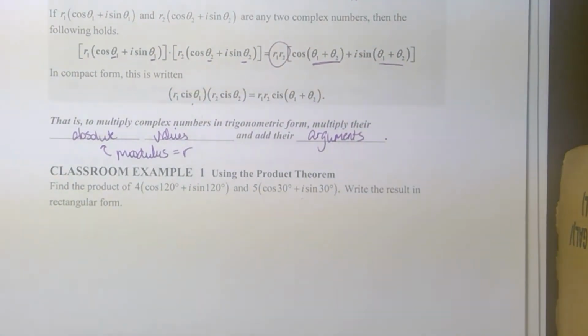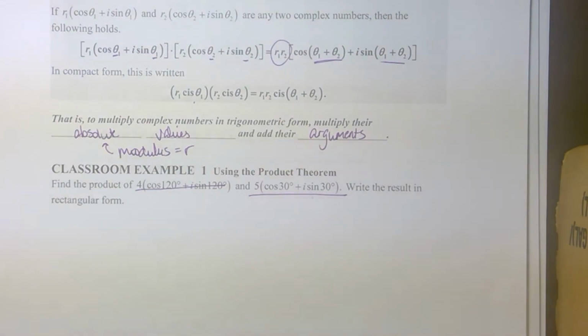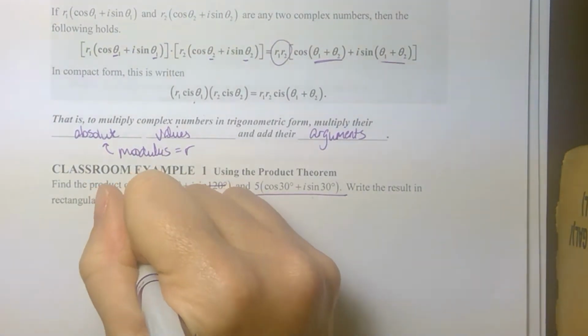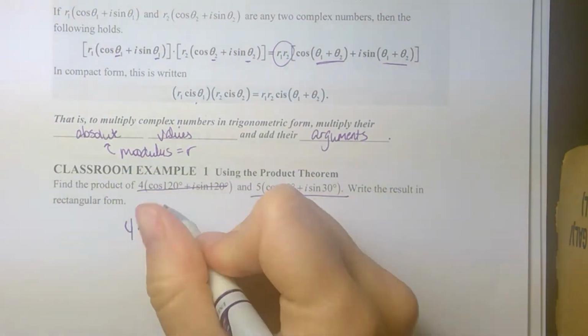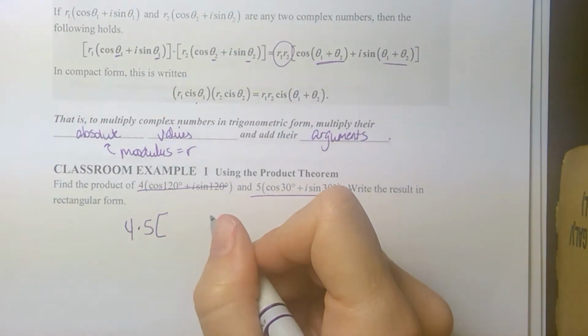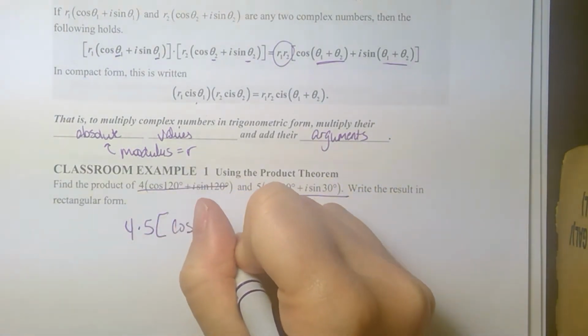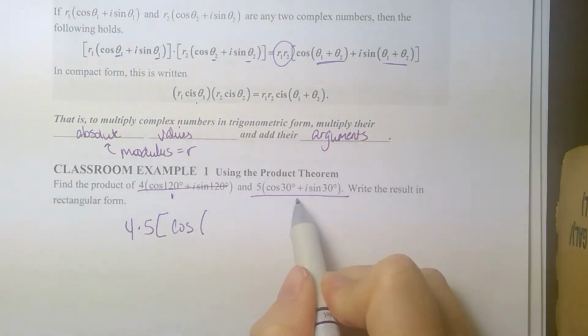Let's practice a little bit. If I want to find the product of these two complex numbers, I'm going to multiply the moduli. So I will have 4 times 5. And then inside I have CIS theta, right? So I have cosine theta plus I sine theta. So I have cosine of, well, my arguments are 120 and 30.